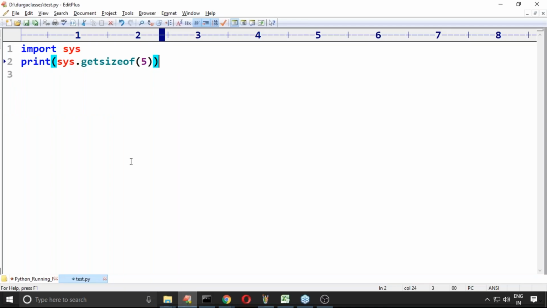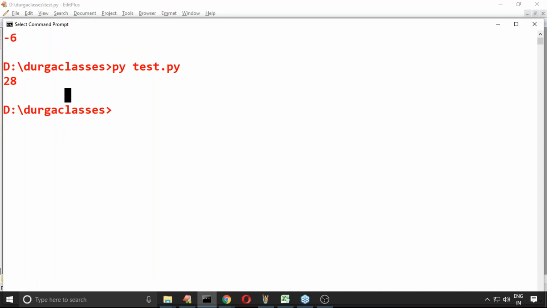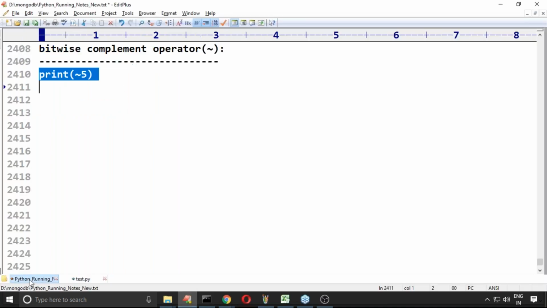Please confirm. 28 bits are reserved to represent this 5 in memory. That's why you have to complement 28 bits. This is very important, sir. You need to complement 28 bits. So how to represent 5 in memory? Representation of 5.